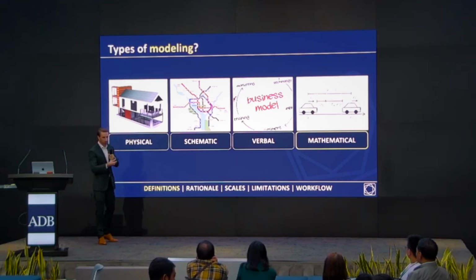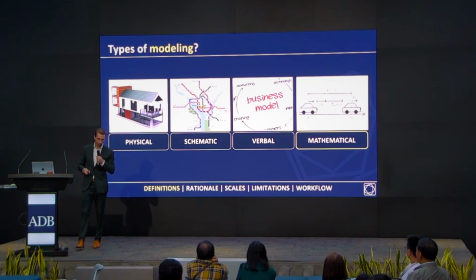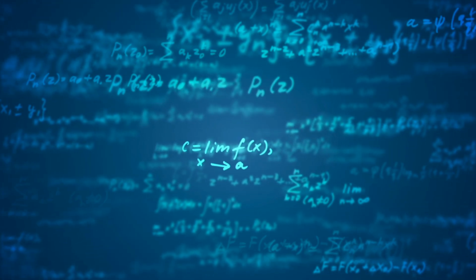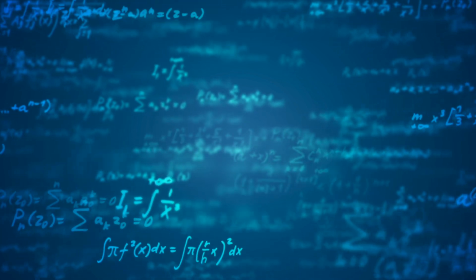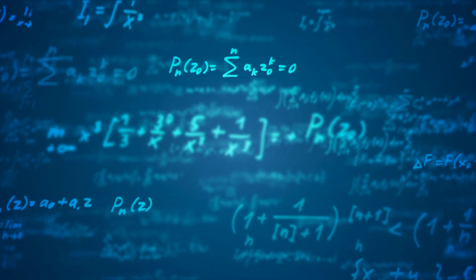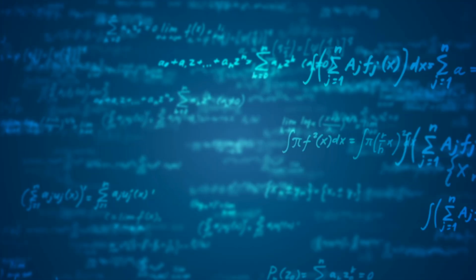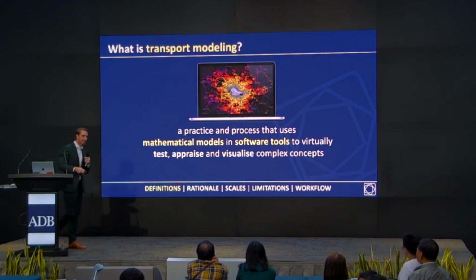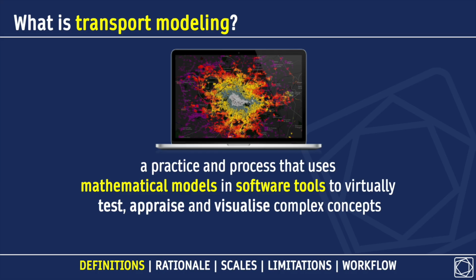A business model is a verbal model, and a transport model is a mathematical model. That sounds scary to some of us, but fortunately we have tools that do all the math and we get to do the planning. So a transport model is a practice and process that uses mathematical models in software tools to virtually test, appraise, and visualize complex concepts.